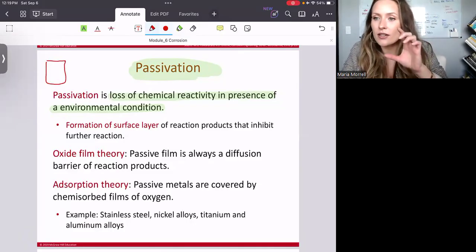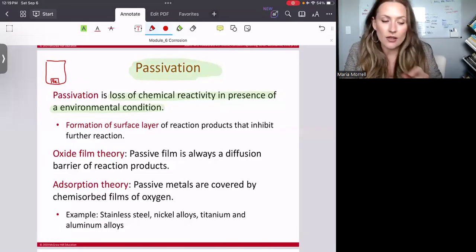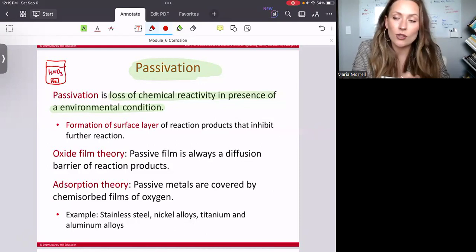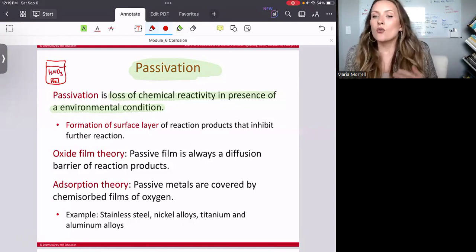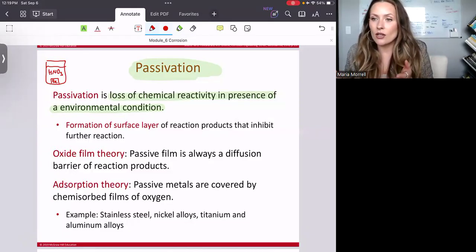Now, let's say I have a glass container with a tiny iron bar in there, and I have nitric acid, highly concentrated nitric acid, okay? The condition is almost identical to what you see with zinc in hydrochloric acid, right?